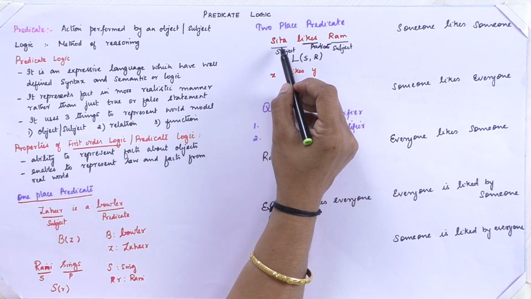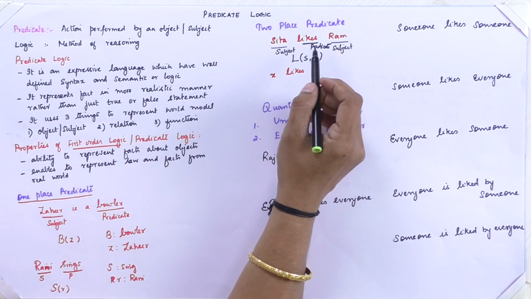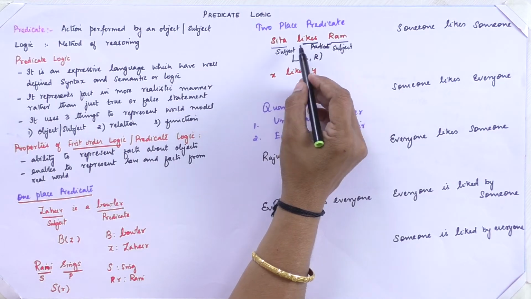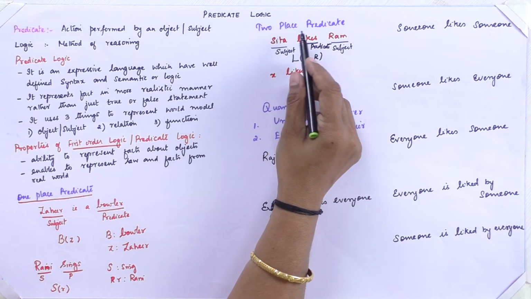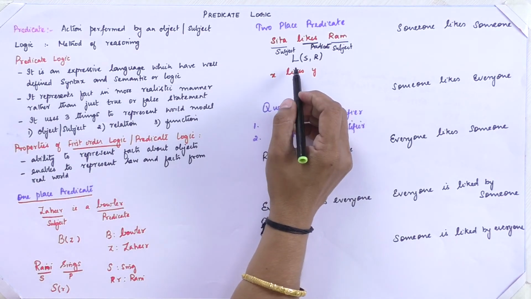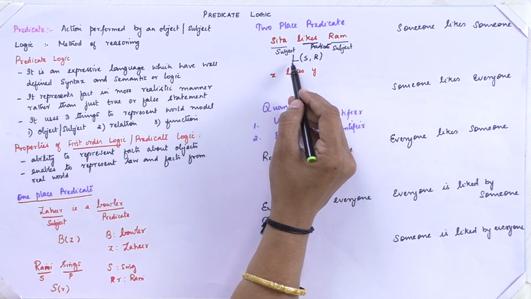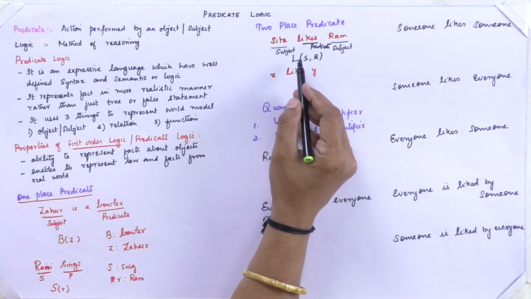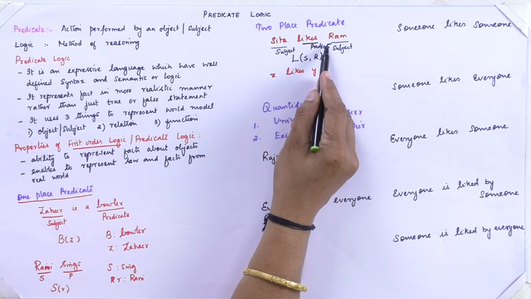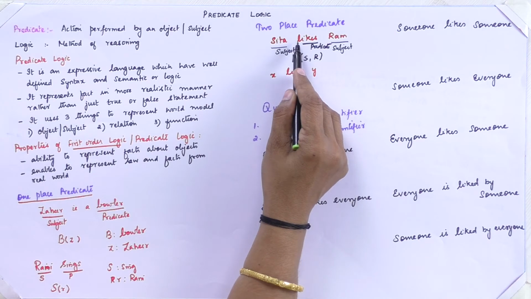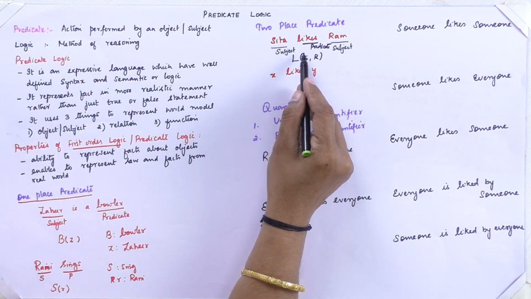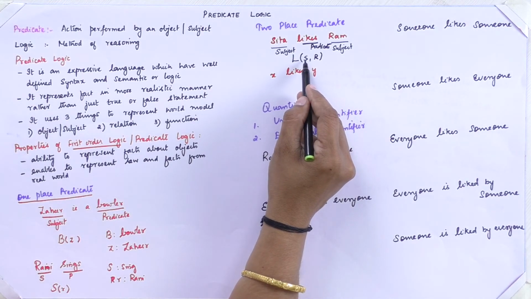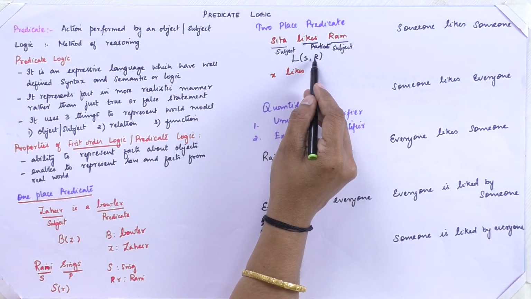Understood now? Sita likes Ram is a two-place predicate, that is, the predicate sits in between the two subjects. That is why it is called a two-place predicate term. Now the symbolic form of the statement Sita likes Ram: first we have to see what the predicate term is. Predicate term is likes, so I will represent it as capital L. Within the parenthesis we write only the subject or the object, that is Sita and this is Ram.